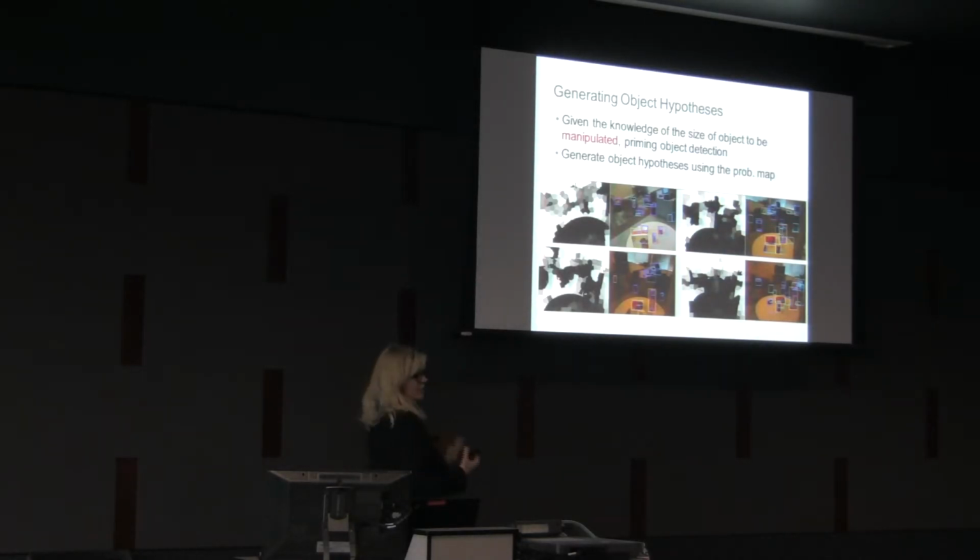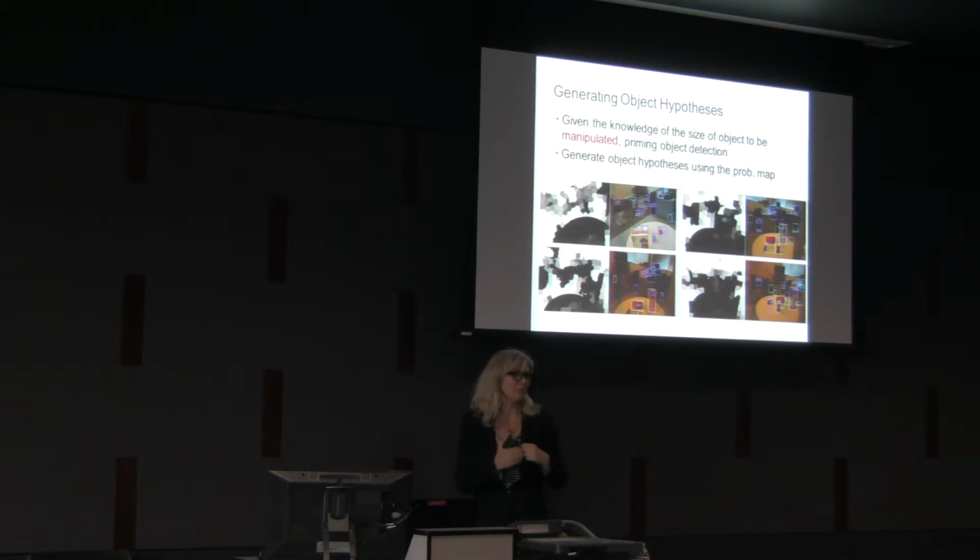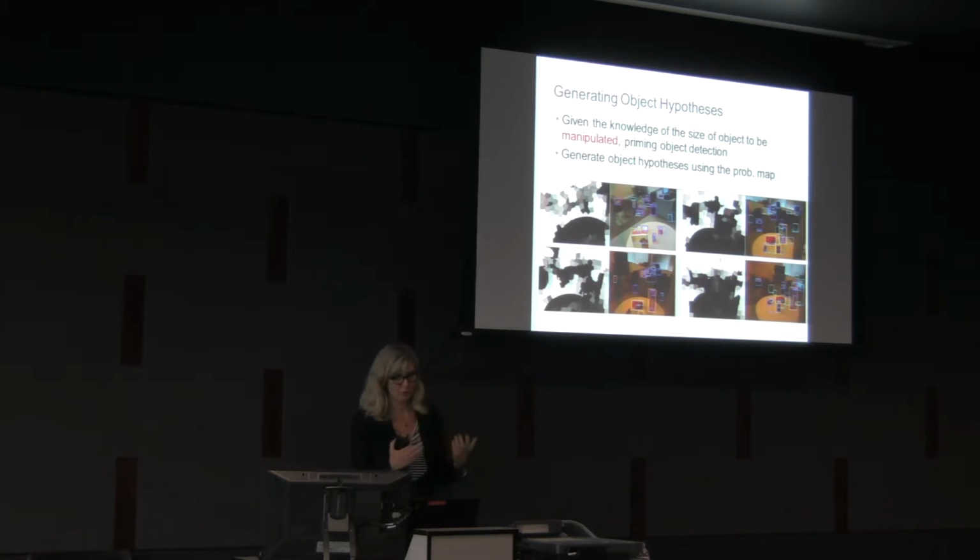Once we have these regions which are more likely to contain objects, we can also run our object prediction modules and generate actual hypotheses of where the objects which might be manipulated are, by having some prior knowledge of the object's sides. Here are some of the hypotheses generated for where the objects are.